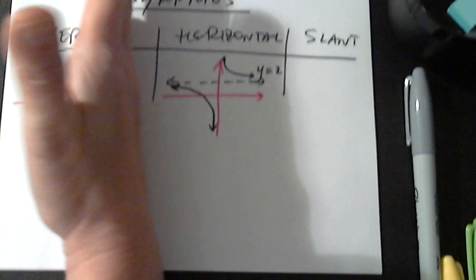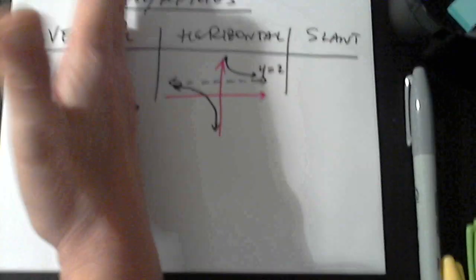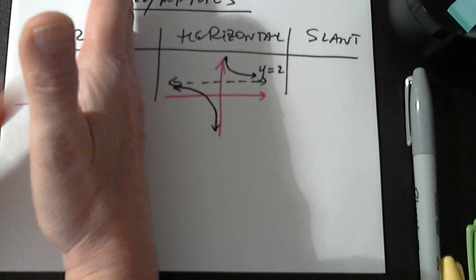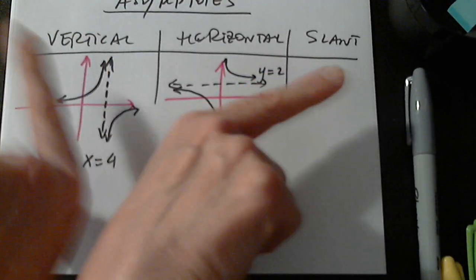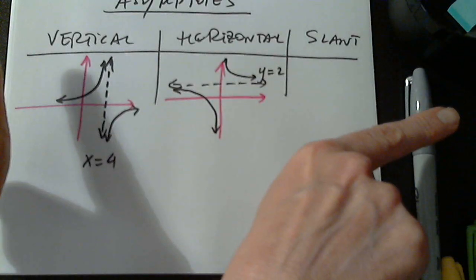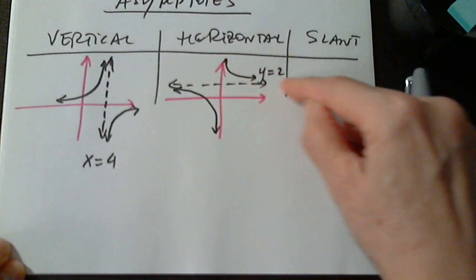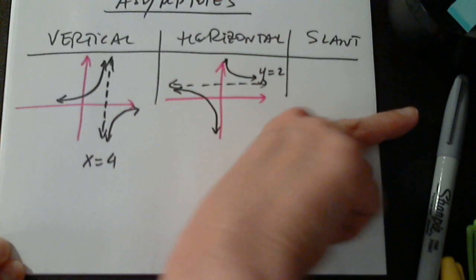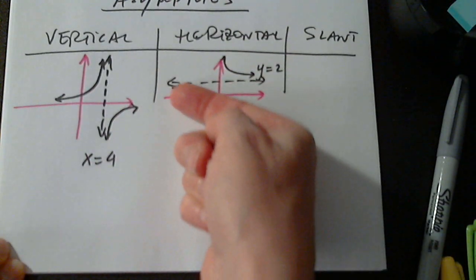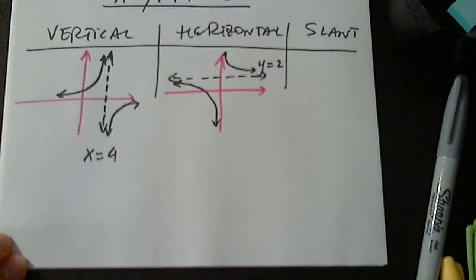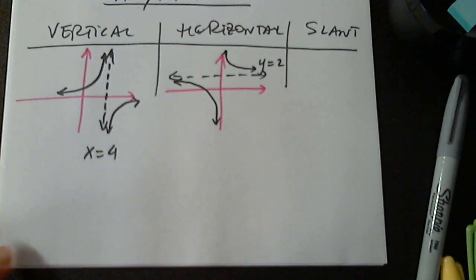Here we are talking about the behavior near this number, x equals 4. Here we're talking about behavior at infinities. The function approaches 2 as x goes to infinity. As x goes to negative infinity, the function approaches 2. So this is a horizontal asymptote.